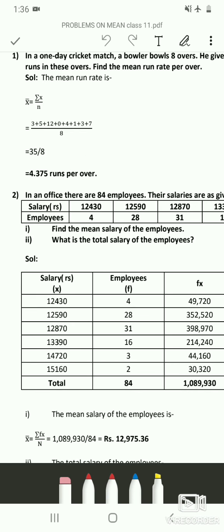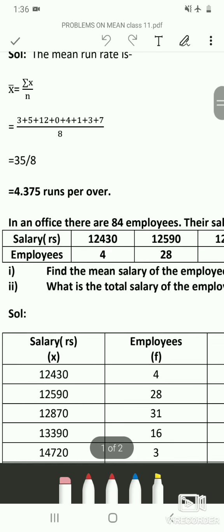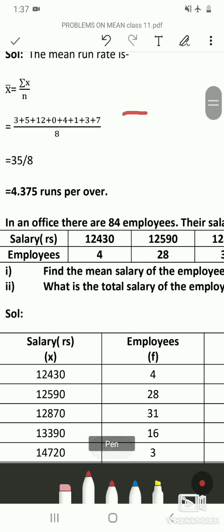So we know that arithmetic mean is written as x bar and the formula is summation x upon n. So here x is the number of runs. So summation of x is, you have to add all the runs, that is 3 plus 5 plus 12 up to 7, and here the number of values is 8.